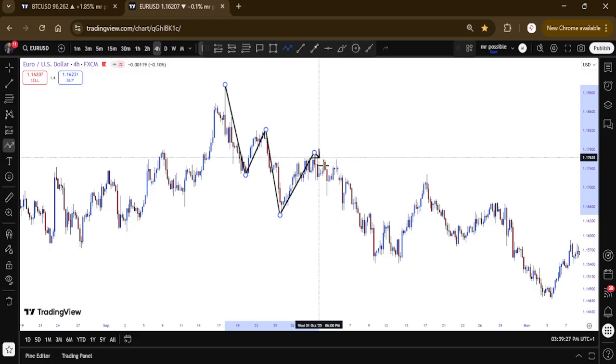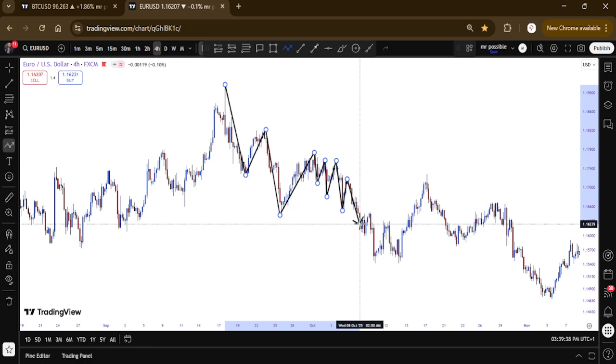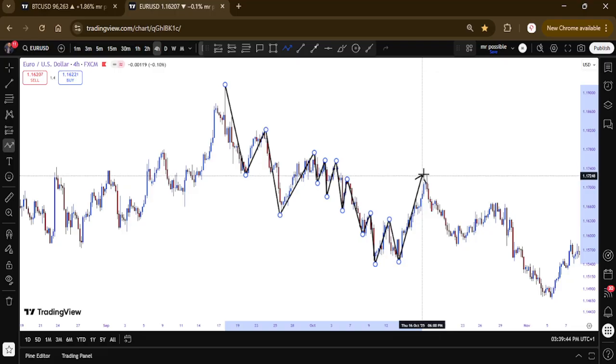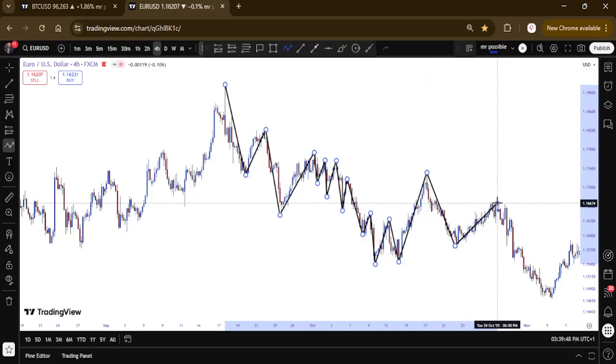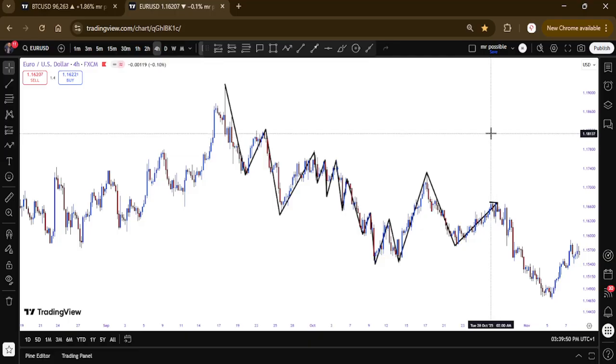All right, so you can also have other areas here internally, which become clearer when you go to a lower time frame. Are you getting it? You see that? Support, resistance, support, resistance. Very simple.